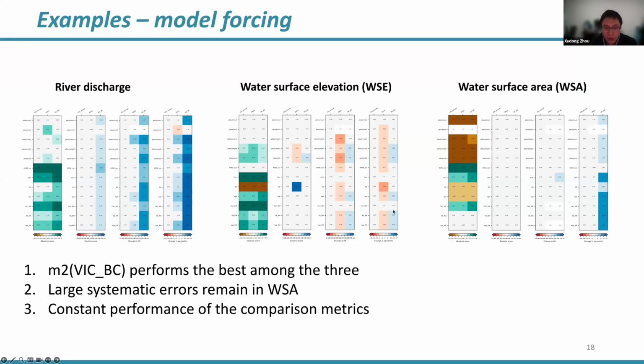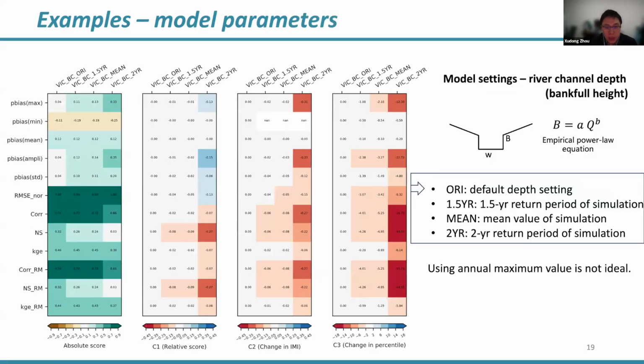So we still have a lot of work to do, even though we have calibrated the river discharge in a good way, the water surface area and the elevation should be one of the points that we still have to improve.